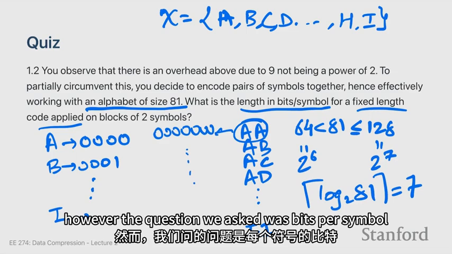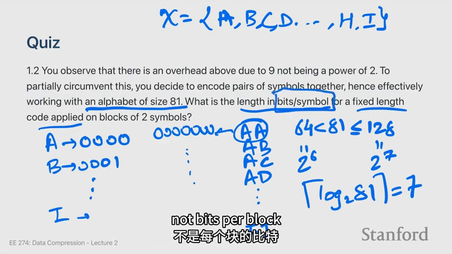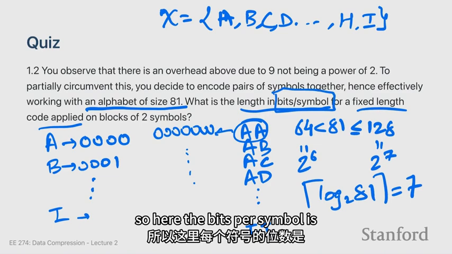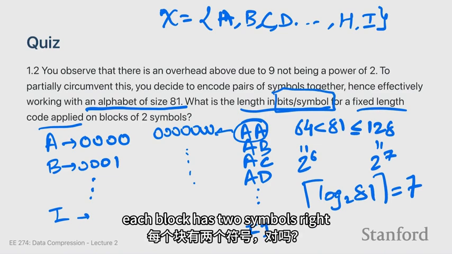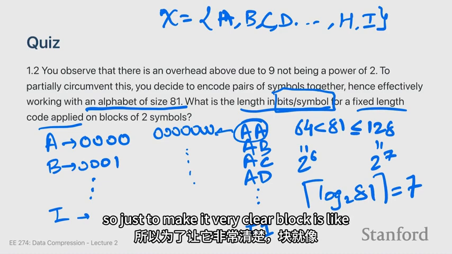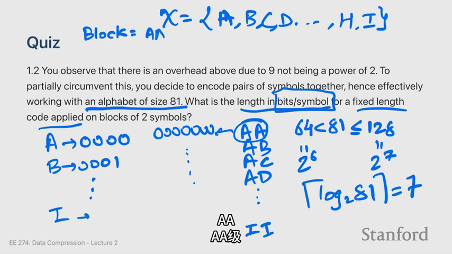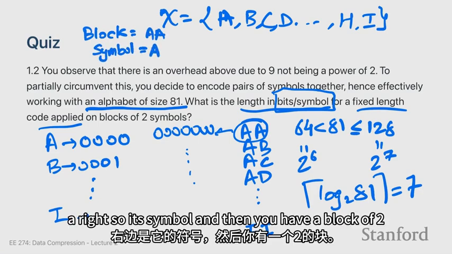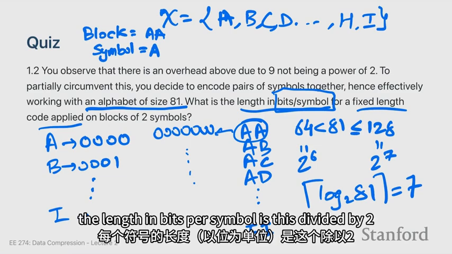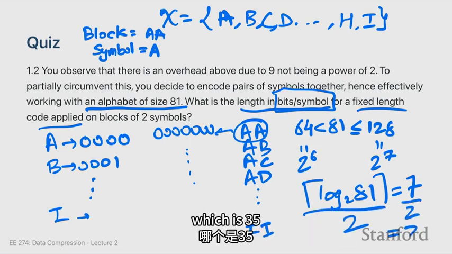However, the question we asked was bits per symbol, not bits per block. So just to make it very clear, a block is like AA and a symbol is like A, right? Each block has 2 symbols. So the length in bits per symbol is 7 divided by 2, which is 3.5.